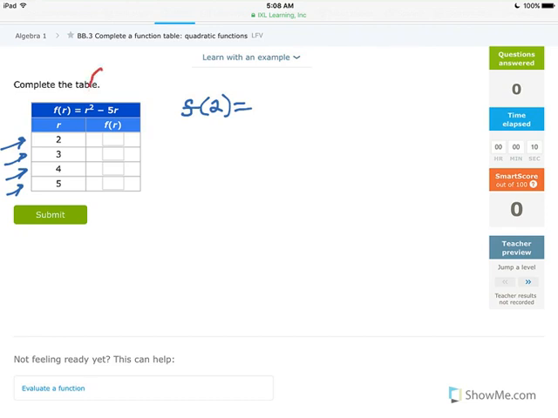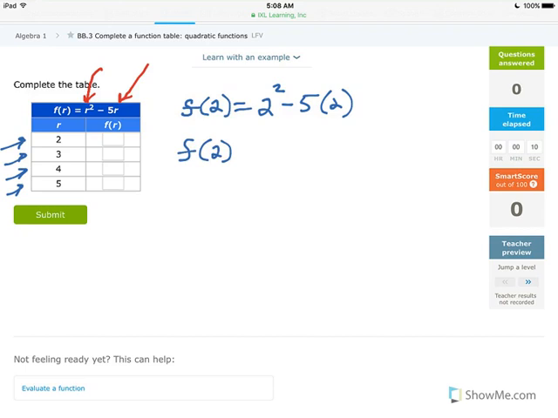So notice there's an r here, and there's also an r here, so you're just going to put in the number 2. So that's going to be 2 squared minus 5r, and r is 2 in this case. And then we want to go ahead and work that out.